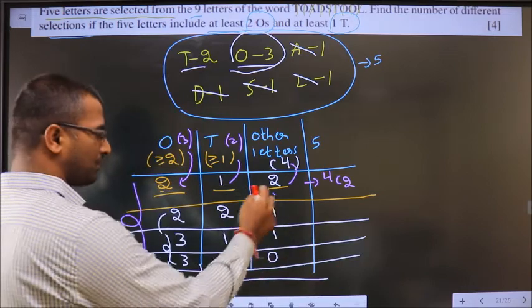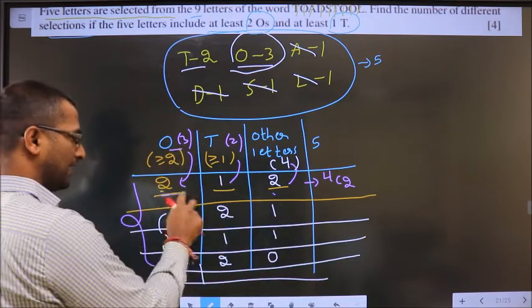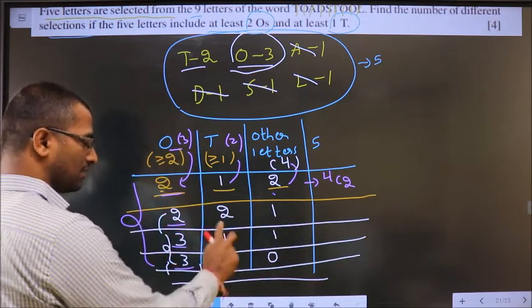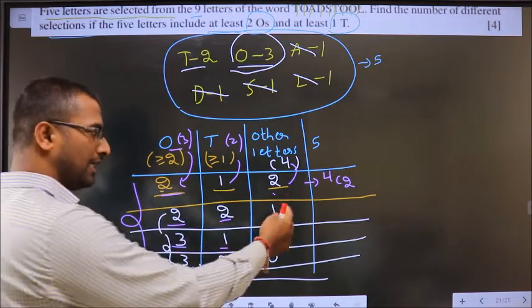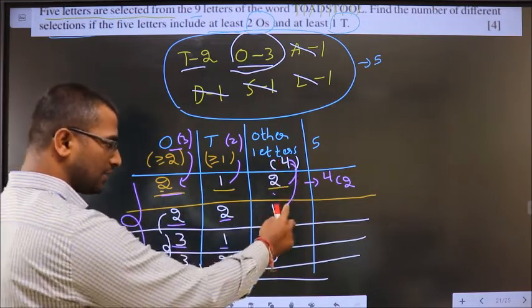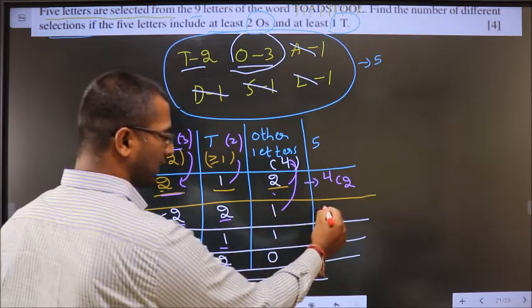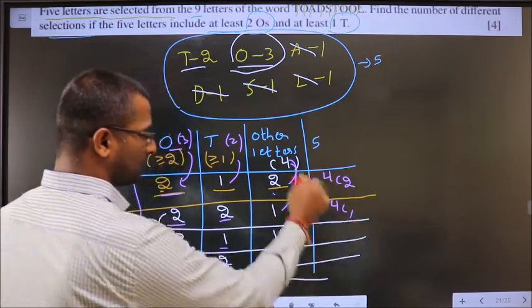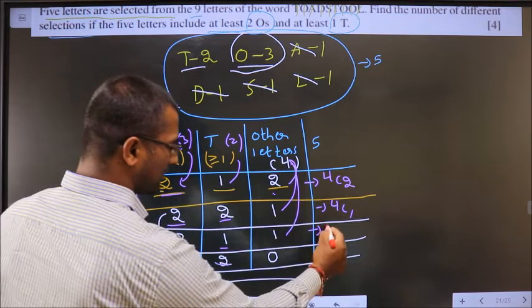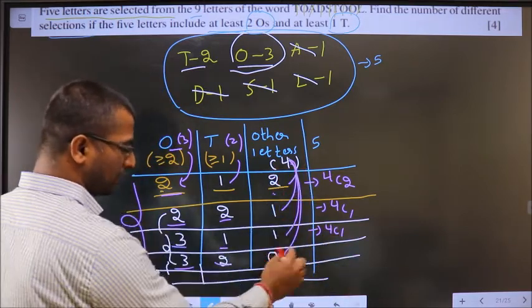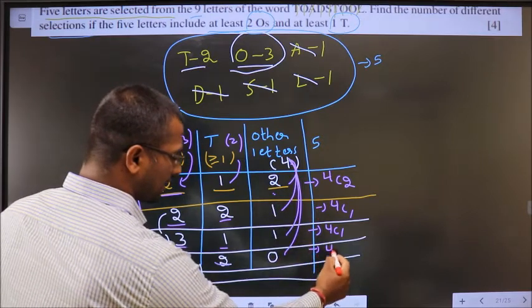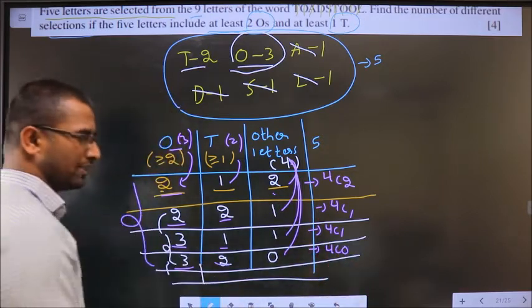Same thing here. These O's and these O's are same. So you don't need to put any selection for this. Only here 4 different letters, you need to select 1 letter. That can be done in 4C1. Same here, 4C1. Same here. From the 4 you don't need to select any letter. That can be done in 4C0 ways.